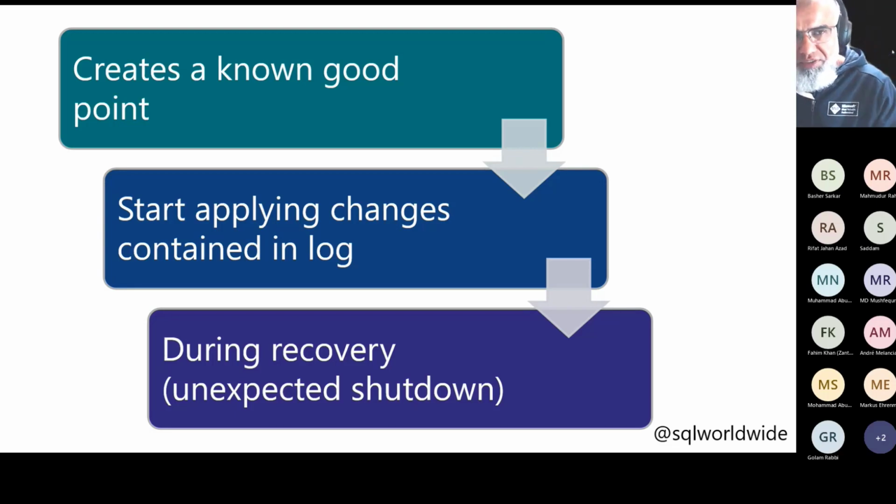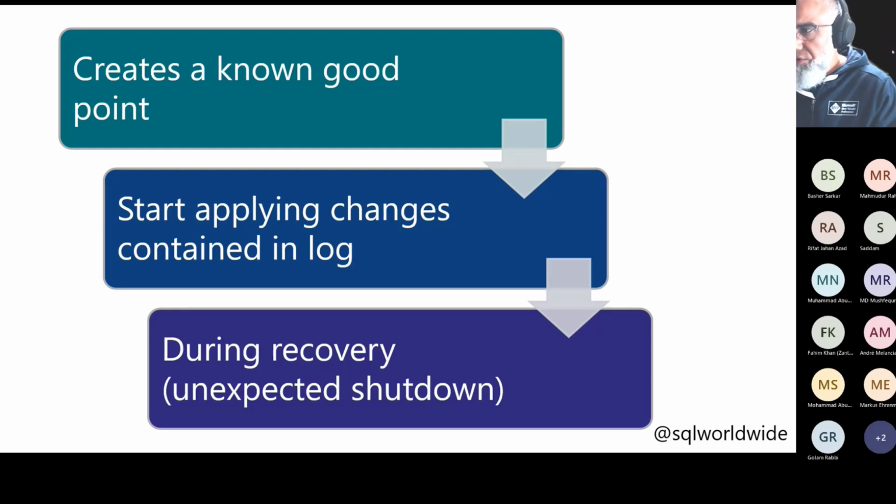How does SQL Server maintain that? Every checkpoint creates a known good point, and when there is an issue, such as a restart or a power down, SQL Server will start recovering from that point. SQL Server knows exactly from which point it should start recovery. And how does it recover?